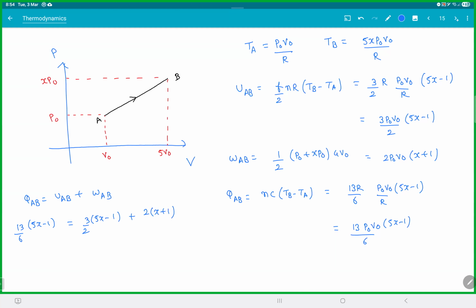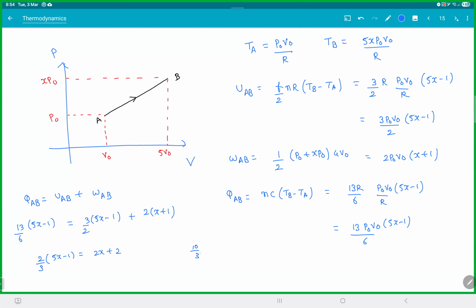Yeah, this is solvable. Bring it this side here. 3 by 2 multiply 3, that will be 13 minus 9, 4 by 6. So that's 2 by 3 into 5x minus 1 is 2x plus 2.